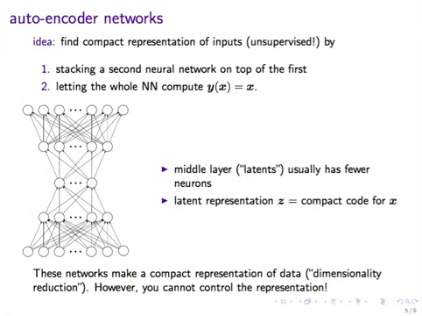The autoencoder is a specific neural network to deal with this situation. We use a neural network to find z by itself. We stack another mirrored neural network on top of the first and ask the top neural network, the decoder, to give us back x.